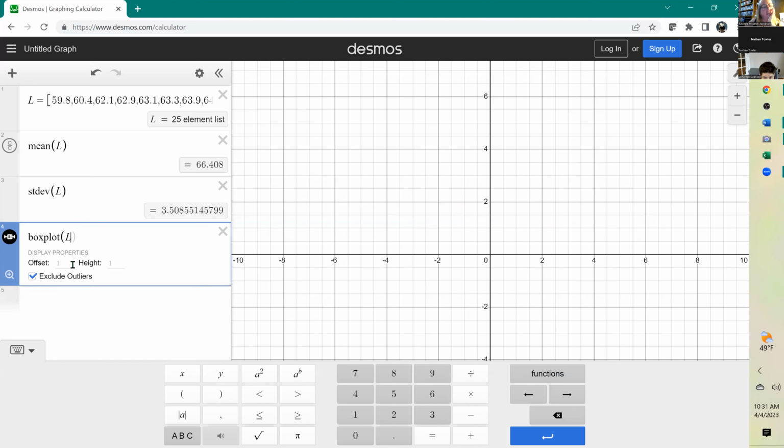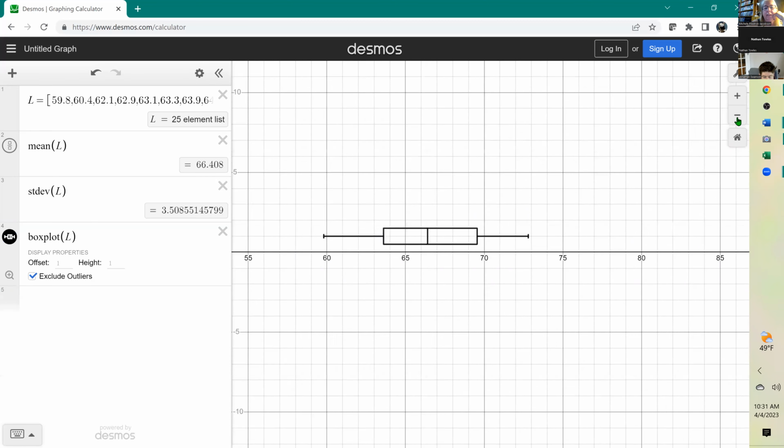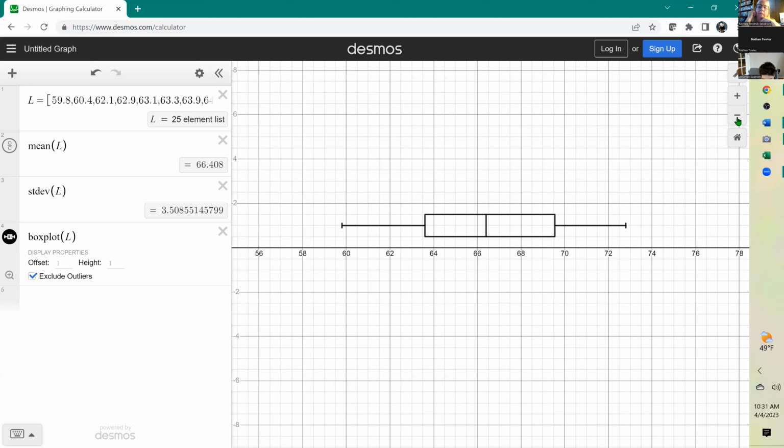So we need to zoom. There it is. Spread out, and there it is. Smallest value, largest value, median, lower quartile, and upper quartile. Any questions on that?